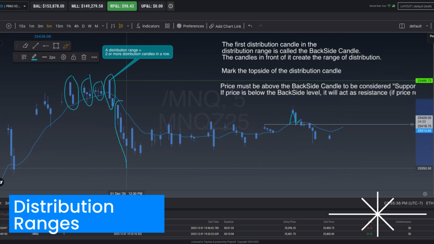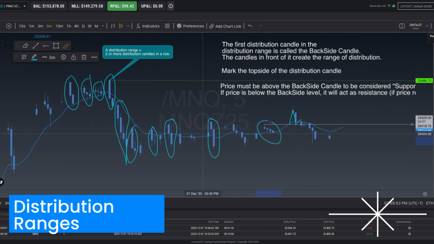You can kind of see, oh, that's a bigger one, more than 3 candles. We got 4, 2 in that one. There's a range. Here's 3. Here's 4 of them.